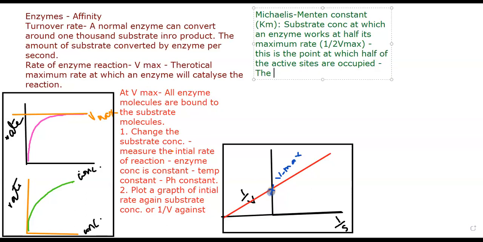So, what is going to happen? Think of it this way. The higher the affinity of the enzyme for the substrate, the lower the substrate concentration needed to reach half Vmax.